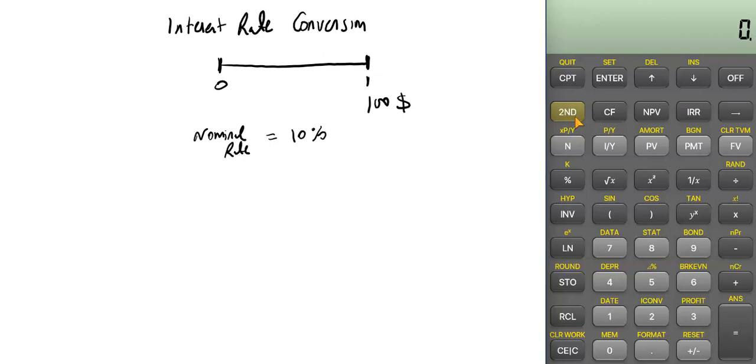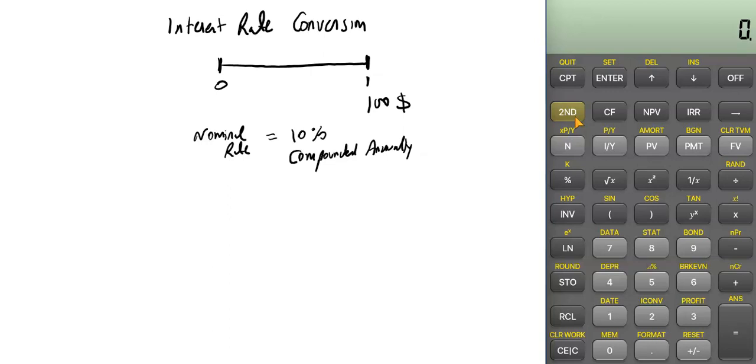And this is compounded annually. It can be compounded monthly, quarterly, semi-annually, annually, but in this example, it is compounded annually. So the nominal rate is given. Remember, whenever a rate is given, it is always assumed to be the nominal rate.